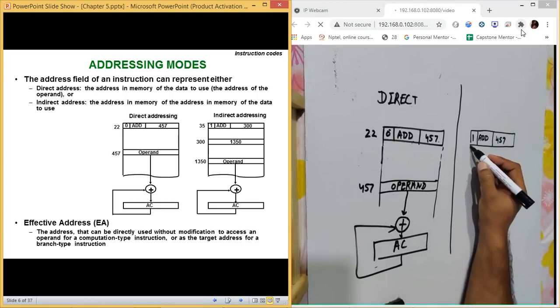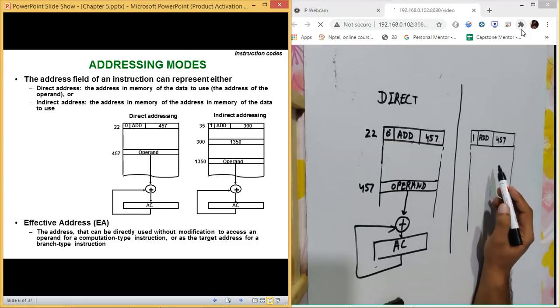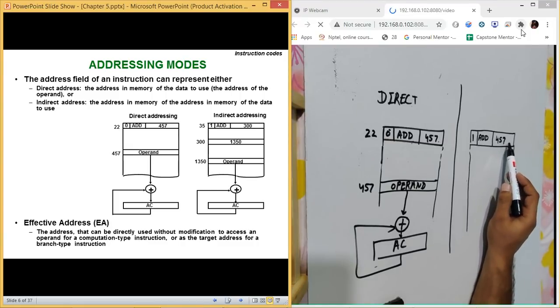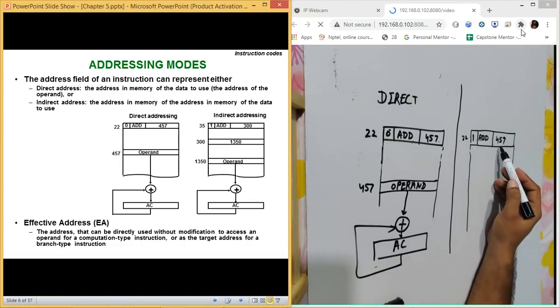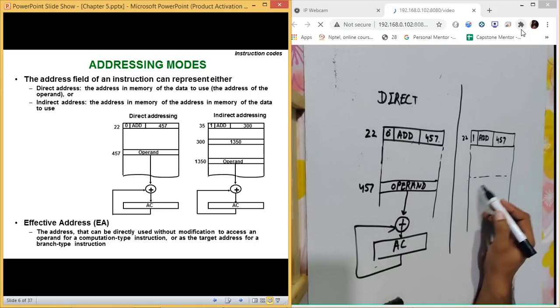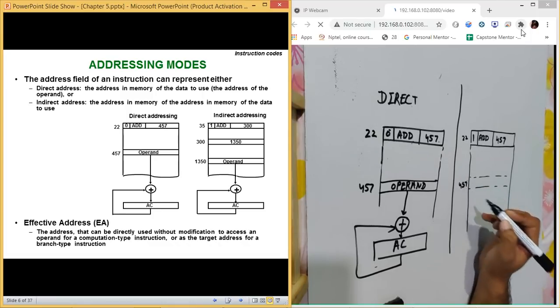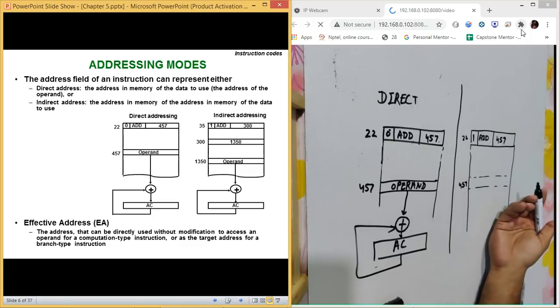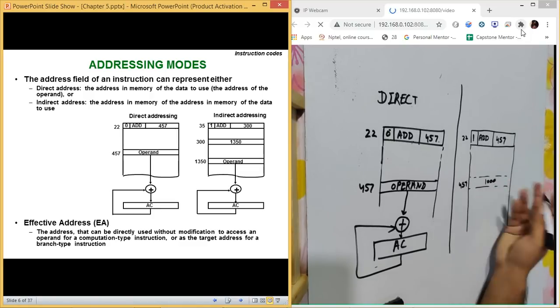But if it is an indirect address, it simply signifies that my operand is not stored at this place. My operand is at a different location. So from where will I get that actual address of the operand? From this location. So I will visit 457. So at this place there is another address mentioned, like it might be 1000 or it might be anything.